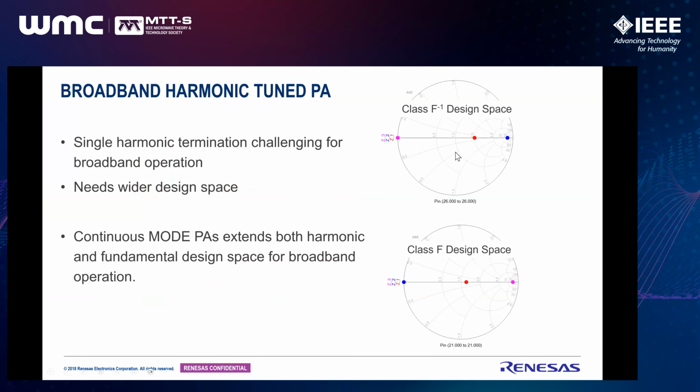So it has room to peak current left and right to reach the IMAX. So that's why for continuous mode inverse class F, current shaping was chosen. Anyway, by this continuous mode, we now have a broader design space, which is good for broadband PA operation.